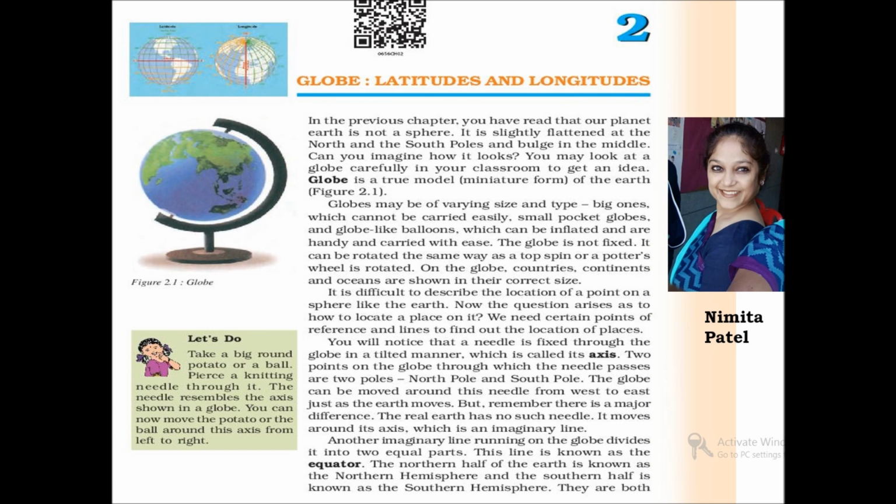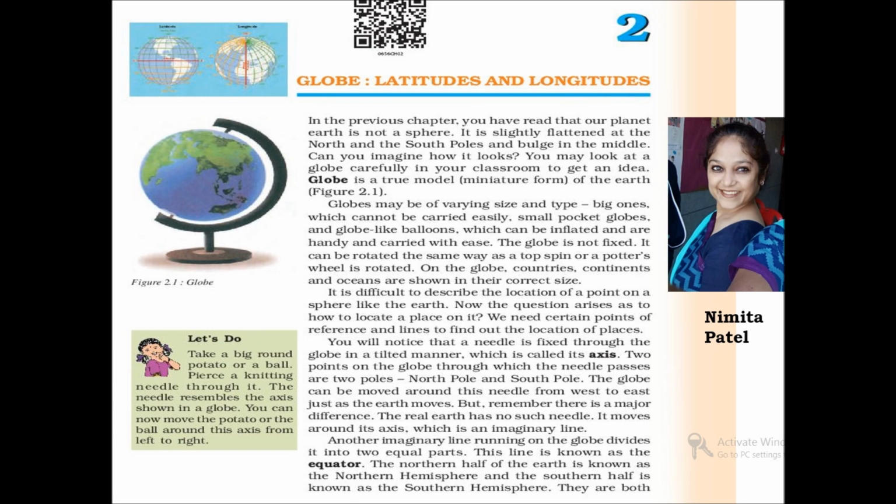Since the distance from the equator to either of the poles is 1/4 of a circle around the earth, it will measure 1/4 of 360 degrees. Thus 90 degrees north latitude marks the North Pole and 90 degrees south marks the South Pole. All parallels north of the equator are called north latitudes.